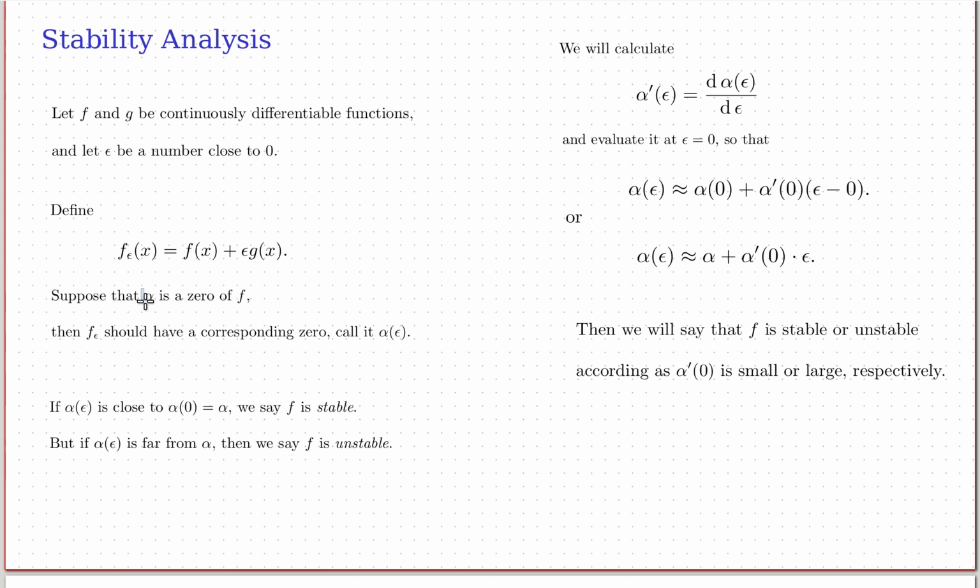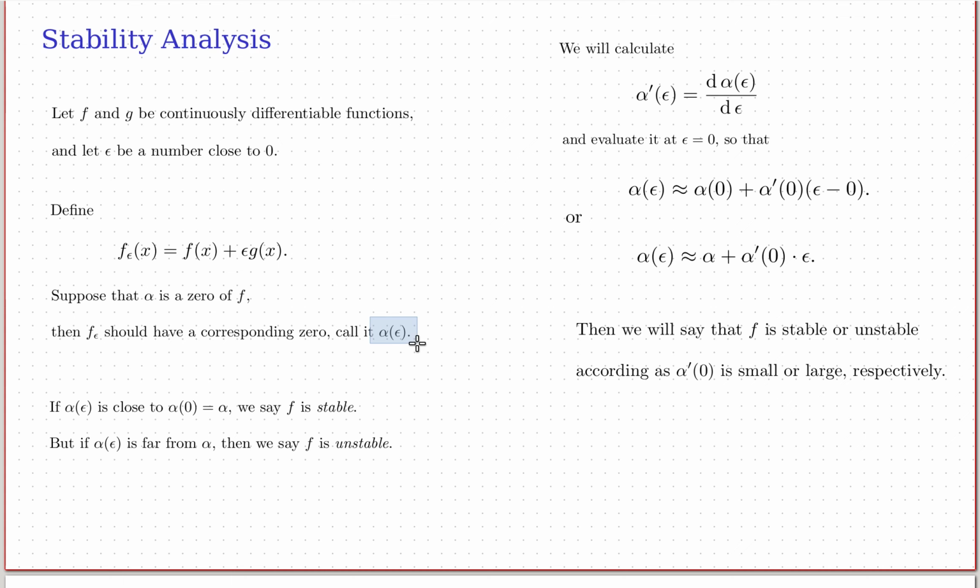So suppose that alpha is a 0 of the original function f. Right? Then if the perturbed function has not been distorted too much from the original, then we would expect that the perturbed function f sub epsilon should have a 0 corresponding to alpha. Won't be exactly at the same place, but we would expect it would have one nearby, and we'll call it alpha of epsilon. Right?